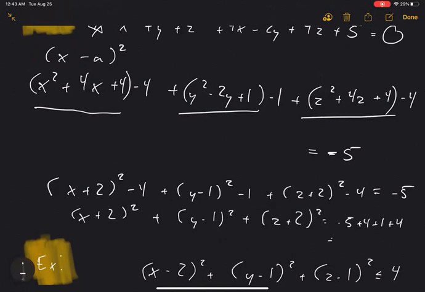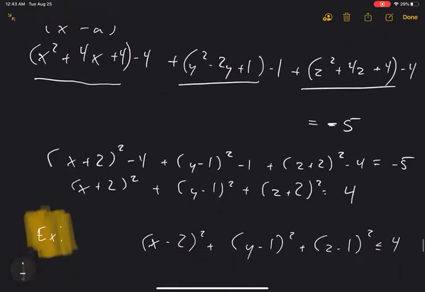So 4. Okay, so this is the standard form of my equation for my sphere. So it's a sphere centered at what? Negative 2, positive 1, negative 2 with radius 2.